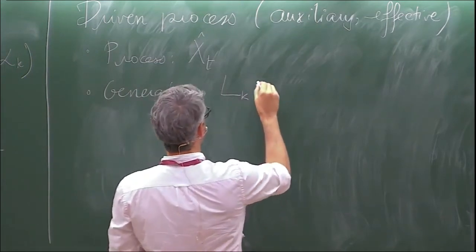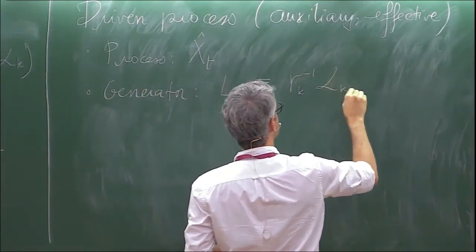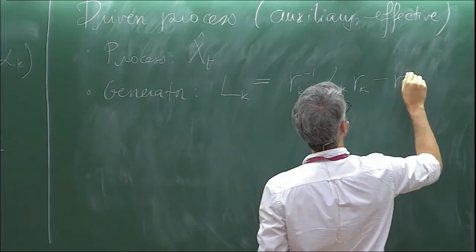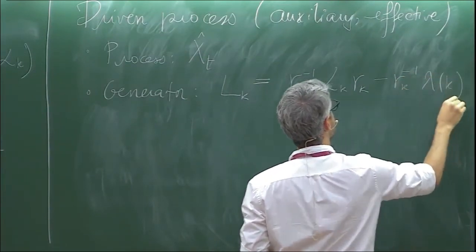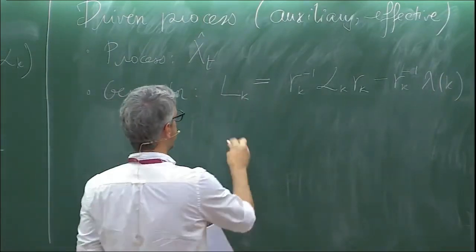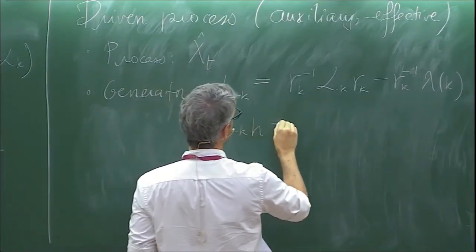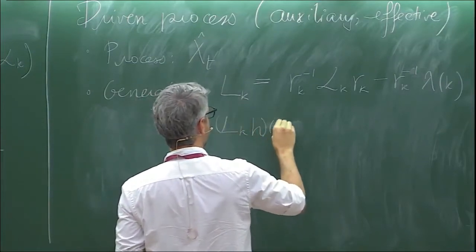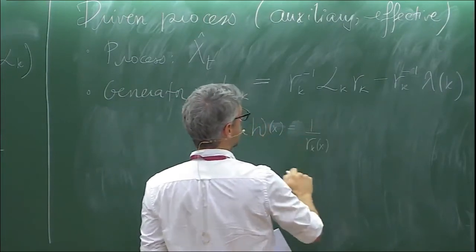So the explicit construction is that you take r_k on one side, you apply this like this, and then minus lambda_k. This is like the symmetrization, in an operator sense. If I apply this onto a test function, say h, this will be a function after I apply it, and this is just a constant here.